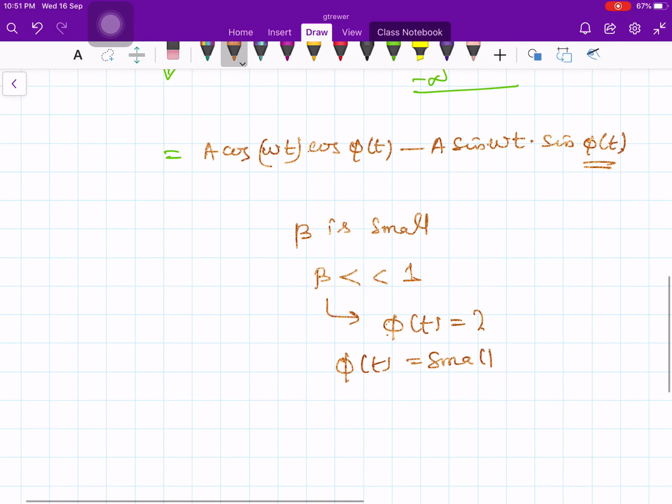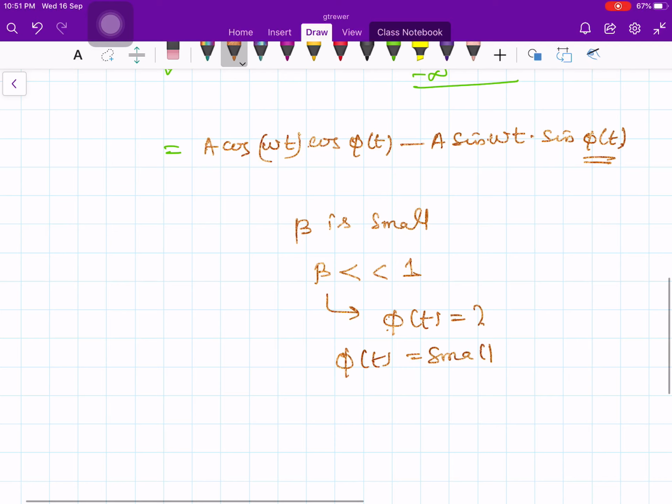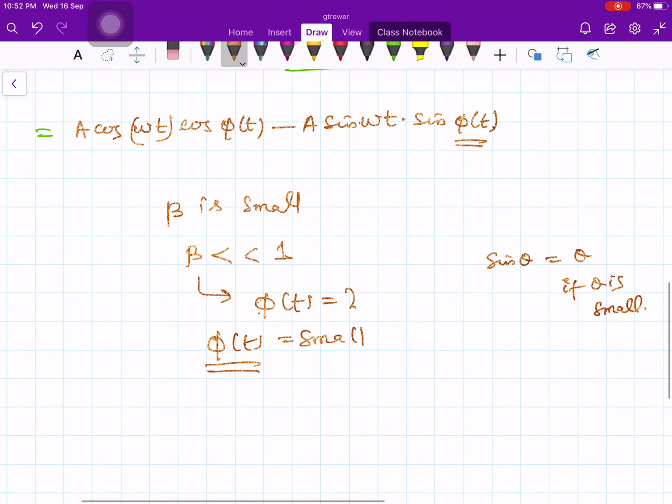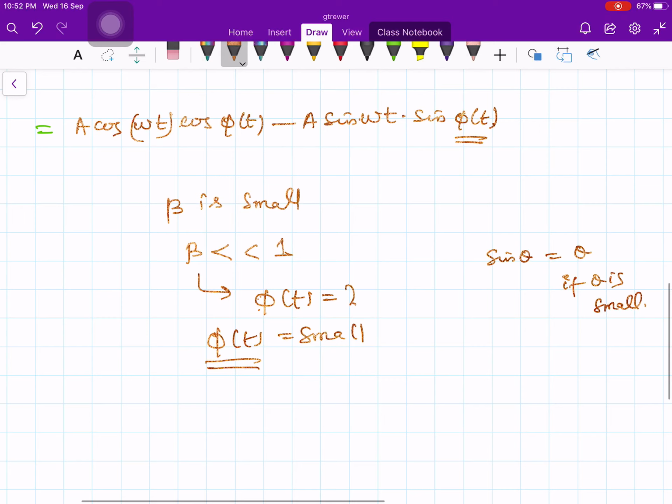Recall the definition. So if beta is very small, the value of phi(t) will be very small. Now you recall that sin theta is equal to theta if theta is small. Let us use this property.